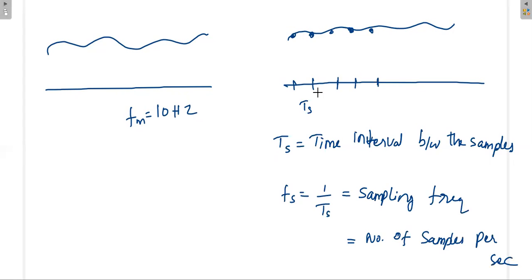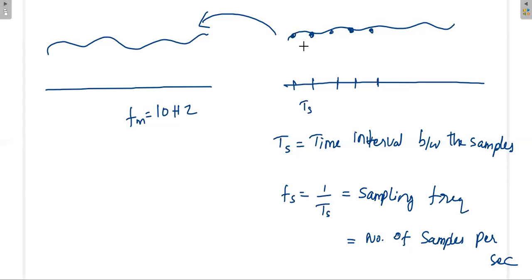Suppose if Ts is less, we will be getting more number of samples for a given time, and the bit rate of the signal will increase. If Ts is very large, and we are not taking the samples closely, we cannot easily recover the original shape of the signal.